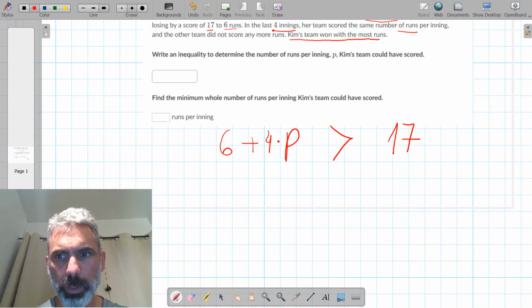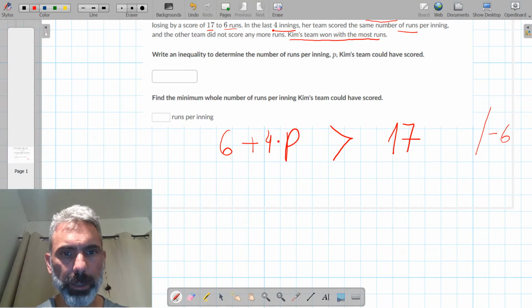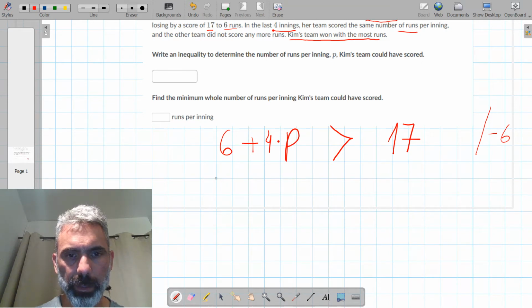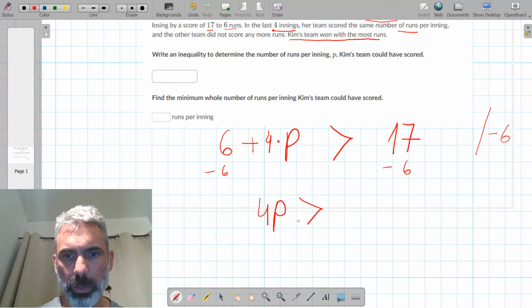First I will subtract 6 from both sides of the inequality to get rid of this 6 and be left with only 4p on the left hand side. When I subtract 6 from both sides, I am left with 4p, and it has to be greater than 17 minus 6, which is 11.